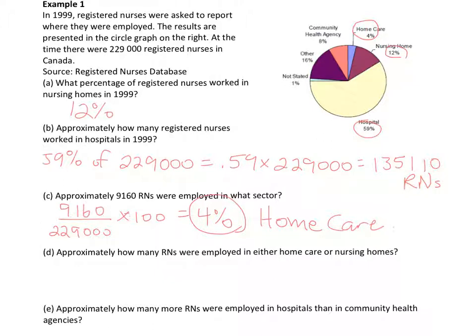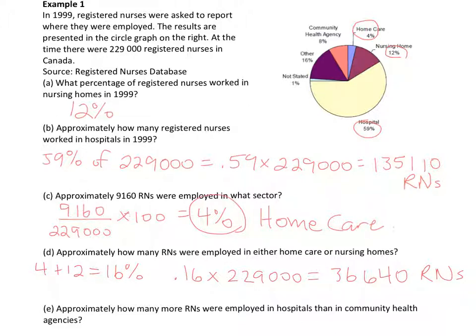So we can add those together, and we know that it's 16% of the RNs in total. And then we can do our math. 16% of 229,000 will be 0.16 times 229,000. And we get 36,640 RNs.